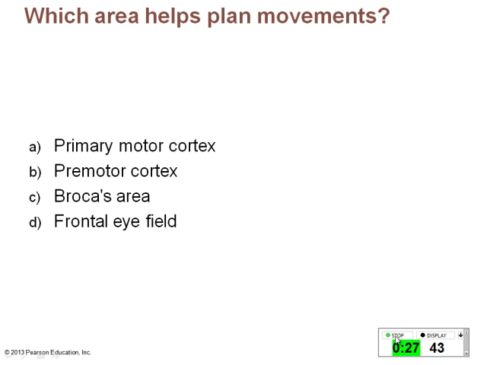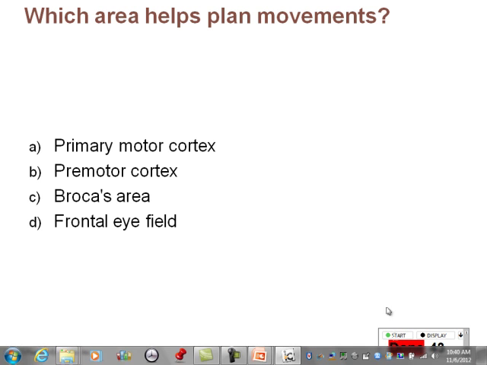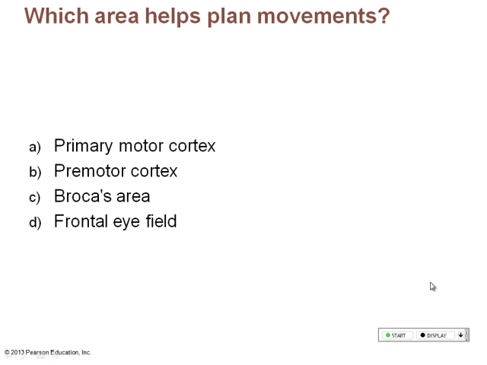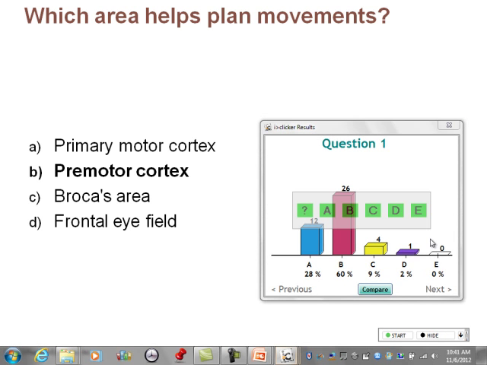Is that everybody? Oh, good. What's the answer? B. So you were on the right track when you thought motor movement, right? But we're going to plan the movement, pre-motor. We're going to initiate the movement in the primary motor.